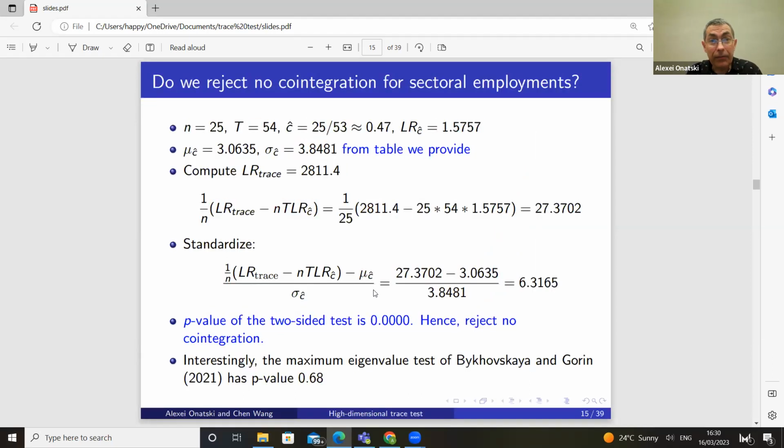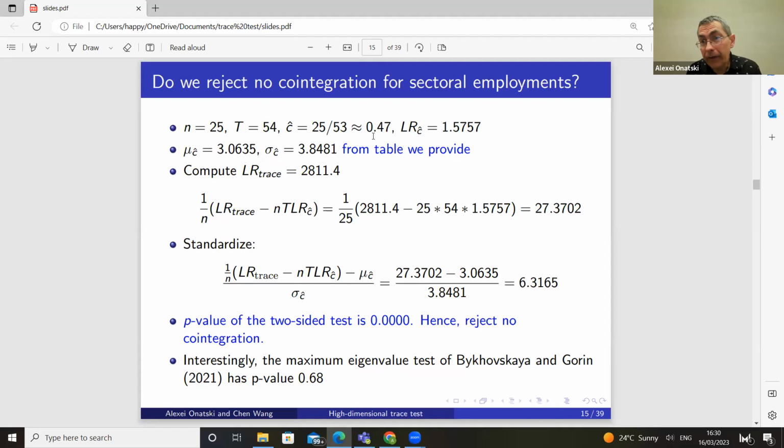Okay, and now let me come back to that picture that I showed you when I began the presentation. Remember those log employment data. How would I use the test for this log employment data? First of all, n is equal to 25, t is equal to 54, and I will first compute c hat. c hat is 25 over 53.